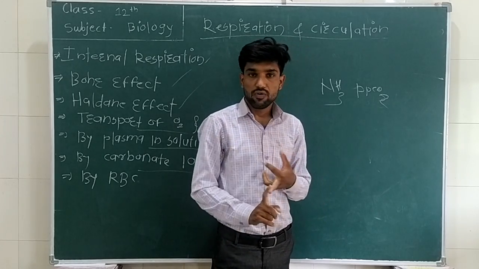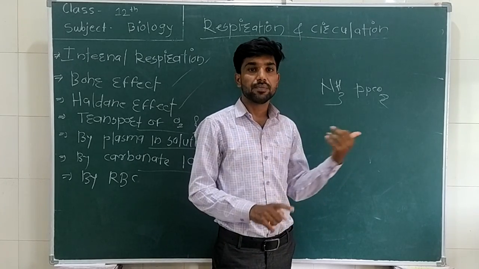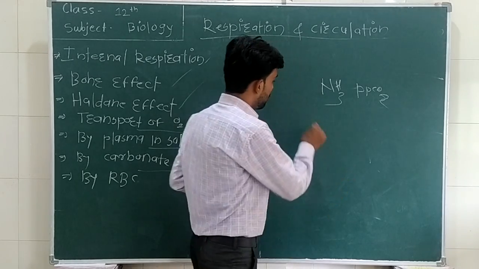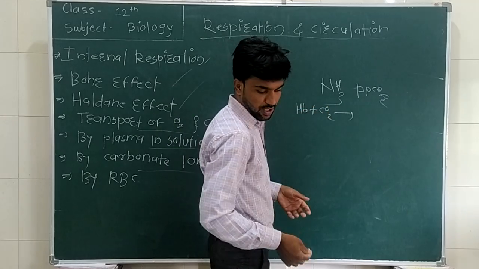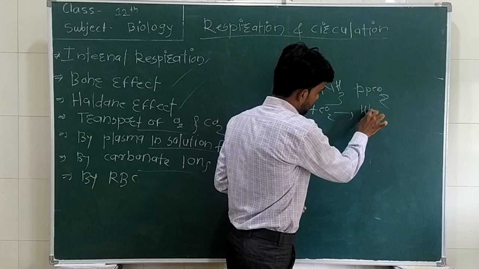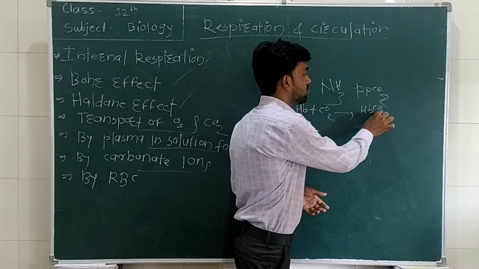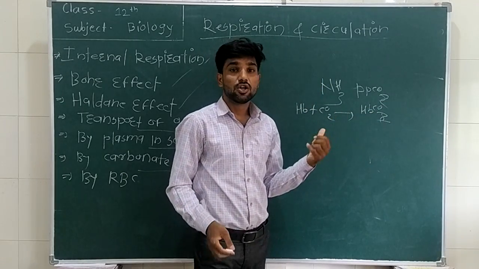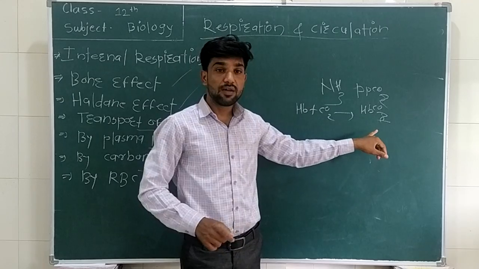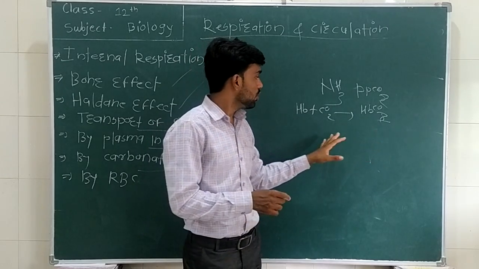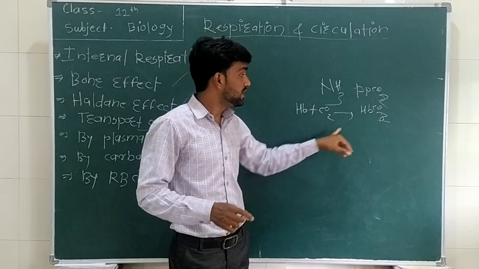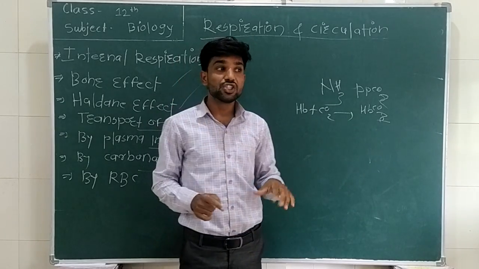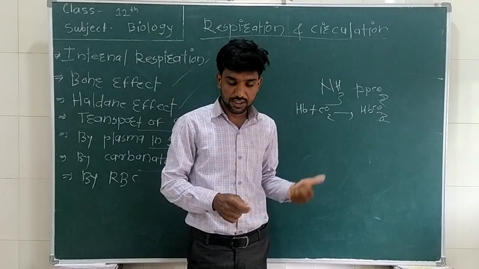In your alveoli, the CO2 is less, PPCO2 is less. So your hemoglobin plus carbon dioxide gives you HbCO2. Here the concentration increases with CO2. Your concentration will be more with the help of carbonic acid. So in your lungs, the hemoglobin bound with carbon dioxide is HbCO2, and your PPCO2 is more as compared to oxygen.